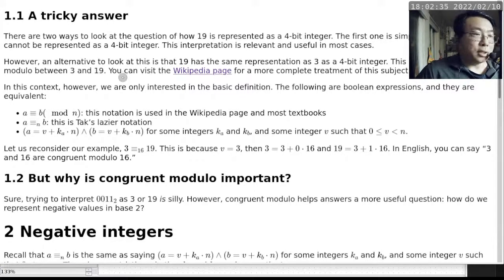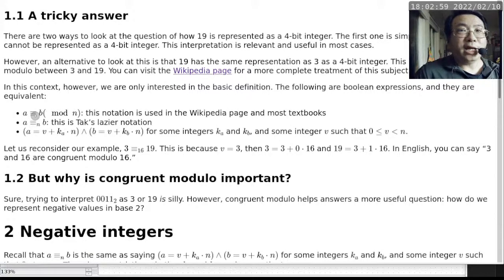All right, so we're going to talk about the notations first. The typical notation, if you read the Wikipedia page, is that congruent modulo n is represented like this, where a is a number, b is a number, and then this equivalence or triple equal sign, which you, the newer generation, call hamburger.